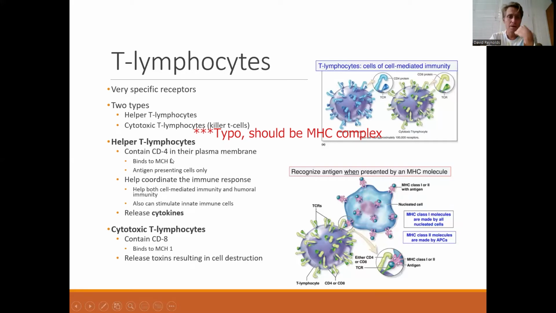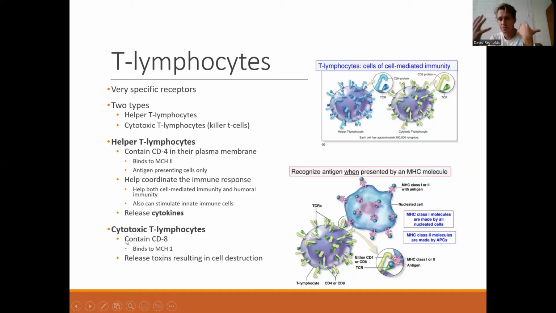Okay. Well, the cytotoxic T cell can bind to any cell in the body that produces MHC1, which all nucleated cells can do. So if it has an MHC1 and it has that specific antigen it looks for on that MHC1, then these will be initiated.